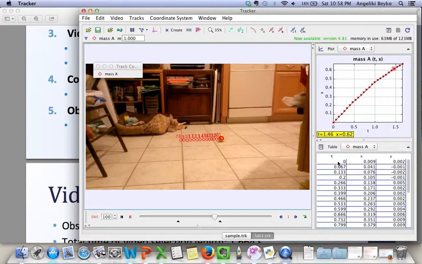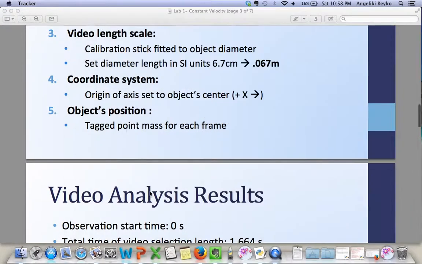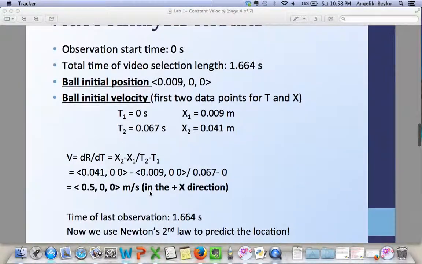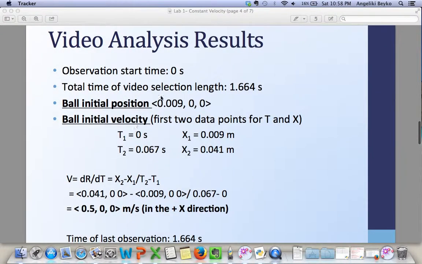The initial time is 0 seconds, and the initial position is 0.009 meters in the positive x direction. For the first formula, we're going to need these first two data points for time and position. Observation start time is 0 seconds, total video length is 1.664 seconds, and ball initial position is 0.009 meters in the positive x direction.